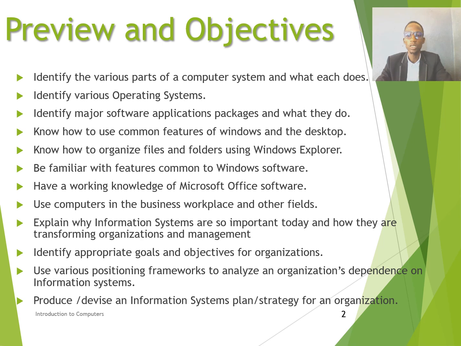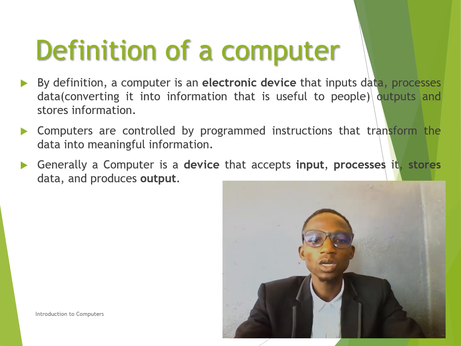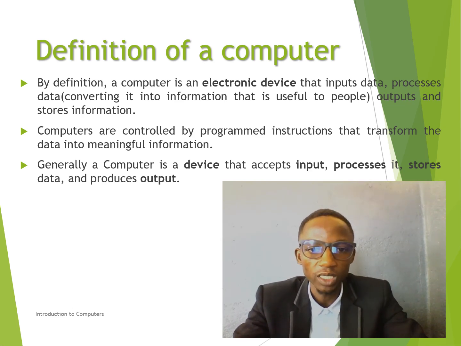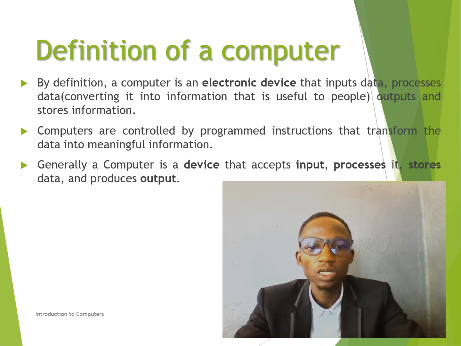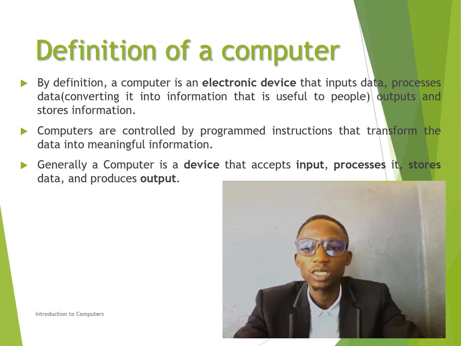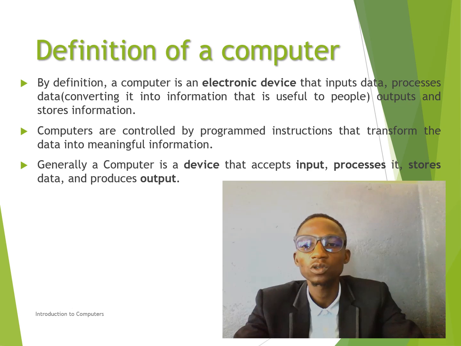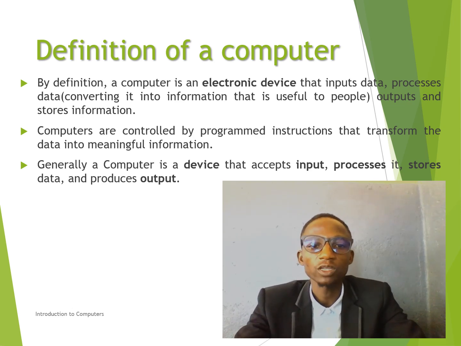So let's go to the next slide. Let's look at the definition of a computer. We need to know what a computer is. A computer, in short, by definition, is an electronic device that inputs data, processes data, converting it into information that is useful to people, outputs and stores information.